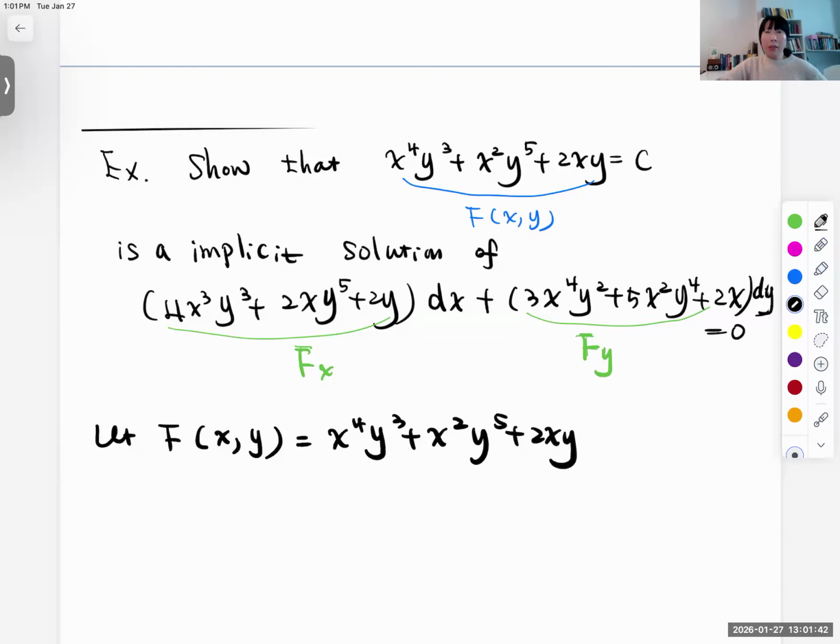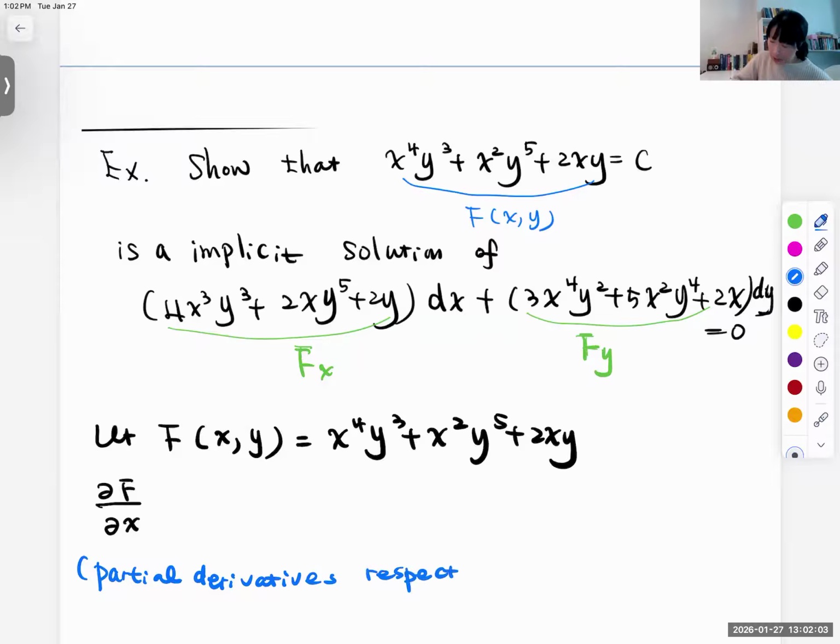Now we're looking at the function f and the partial derivative with respect to x. That means we treat y as constant.